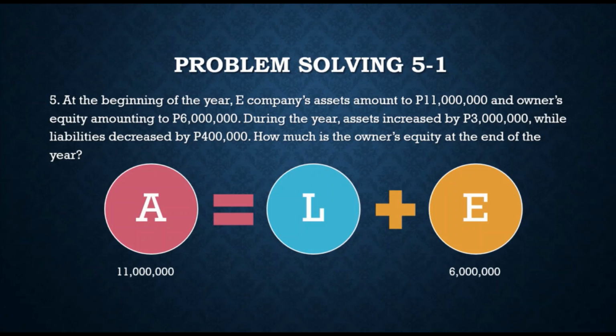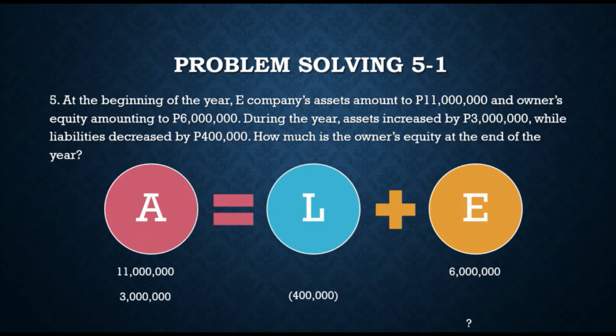Then meron daw tayong 6 million na owner's equity. Tapos, during the year, nadagdagan daw yung assets natin ng 3 million. Tapos, nabawasan daw yung liabilities natin ng 400,000. Ang tinatanong is, how much is yung owner's equity at the end of the year?